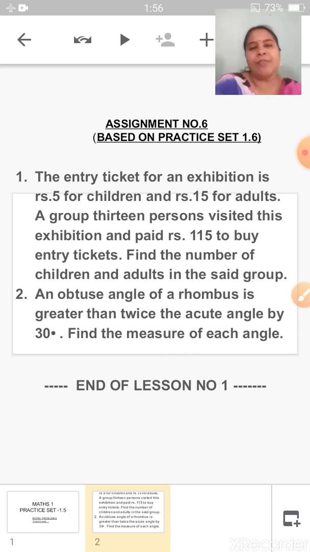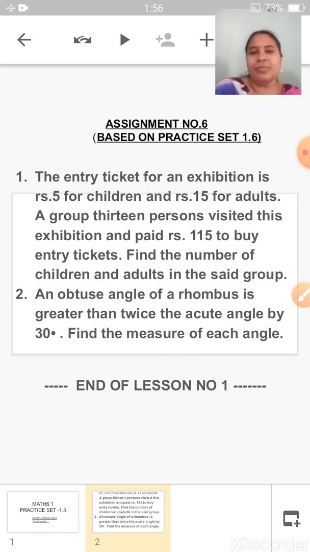Now here we have to be a little more smart and use a geometrical property that adjacent angles of a rhombus are supplementary. It means that obtuse angle and acute angle, the total should be 180 degrees. Hence x plus y is equal to 180. That will be your second equation. See, it is not given directly like this, but you have to understand it.